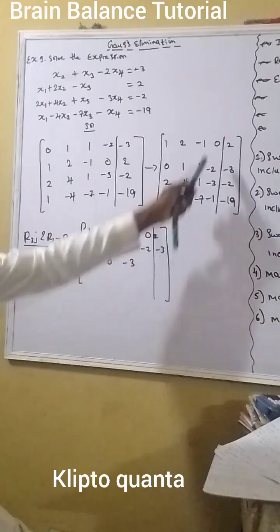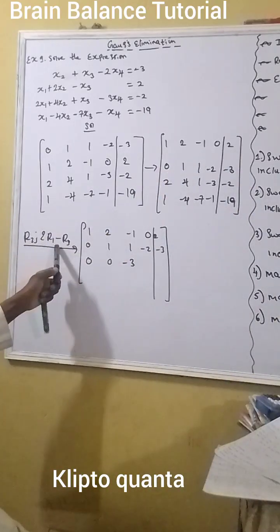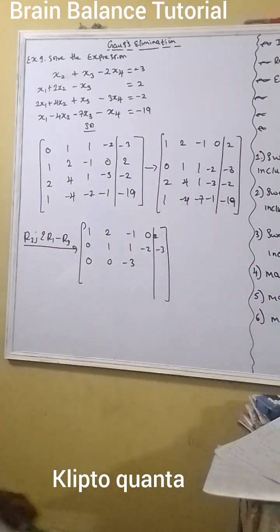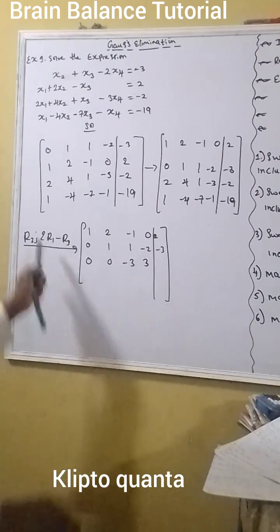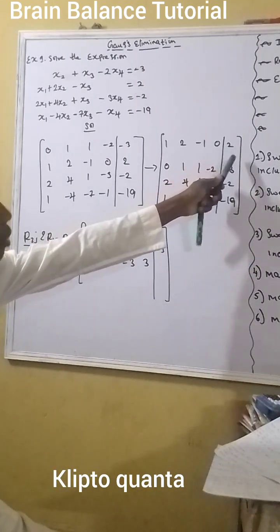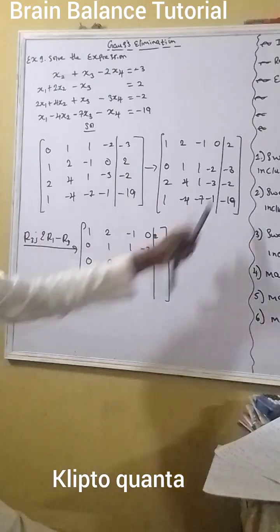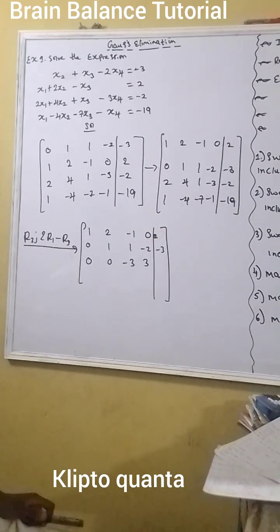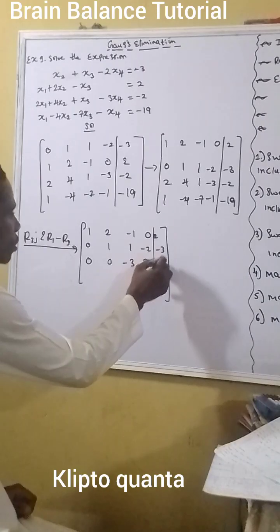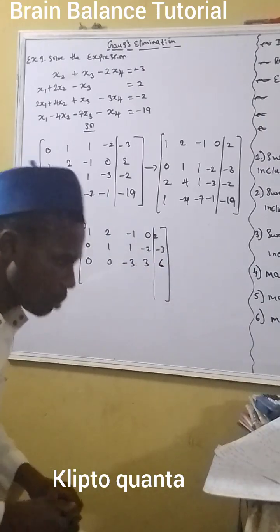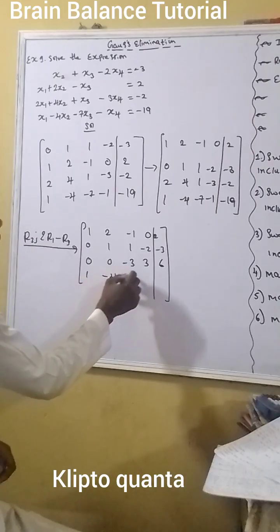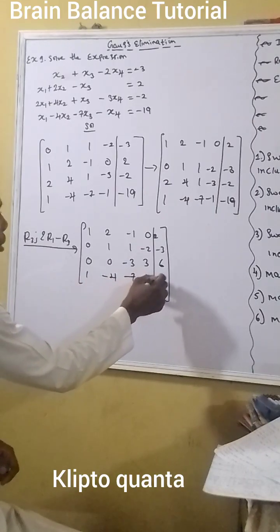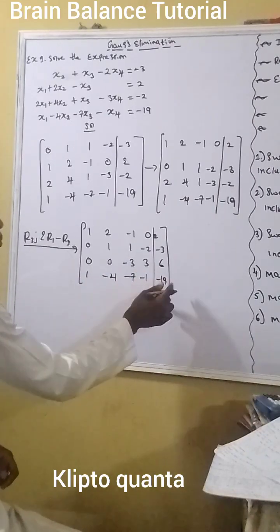Then 2 times 0, you have 0. 0 minus 3 will give you a positive 3. Then 2 times 2 gives you 4. 4 minus 2 becomes 4 plus 2, and that gives us 6. Right? So at that point, we have 1, negative 4, negative 7, negative 1, and negative 19.